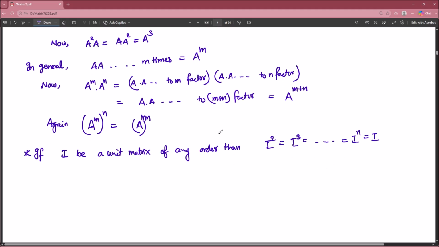In the next class, we will see some problems related to matrix multiplication of two matrices and properties of matrix multiplication.